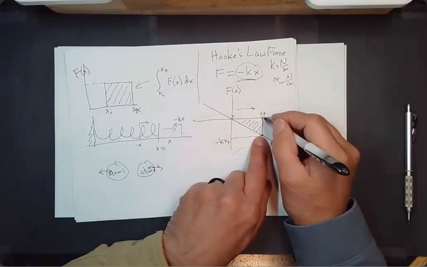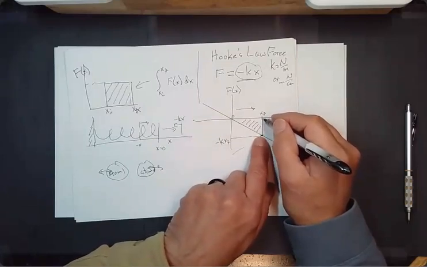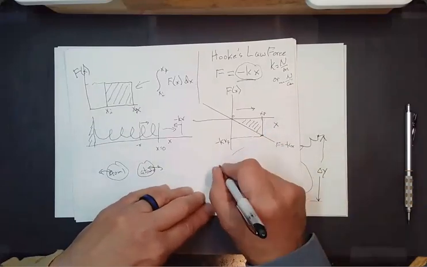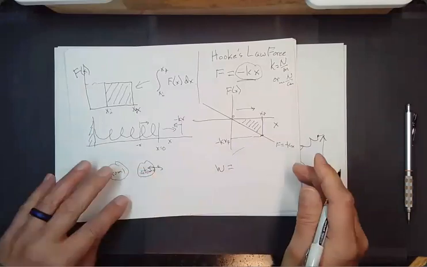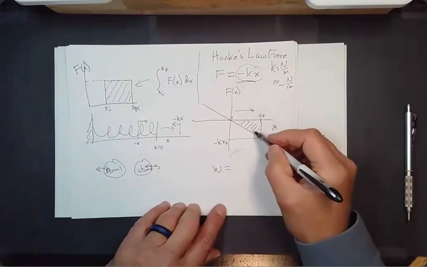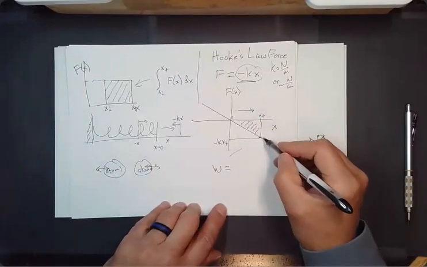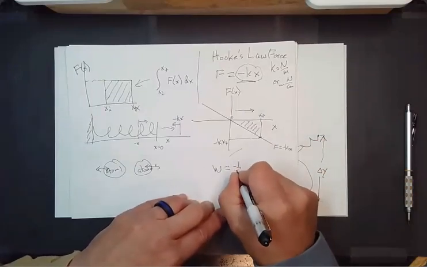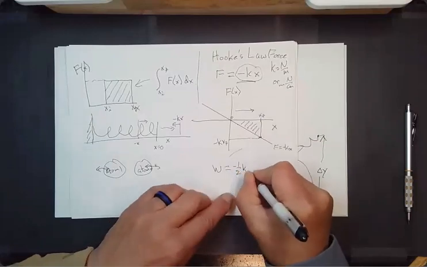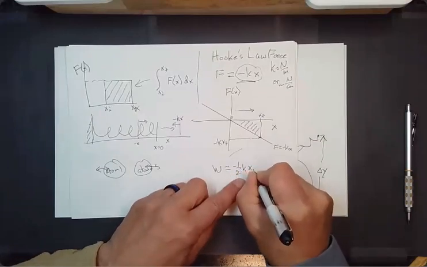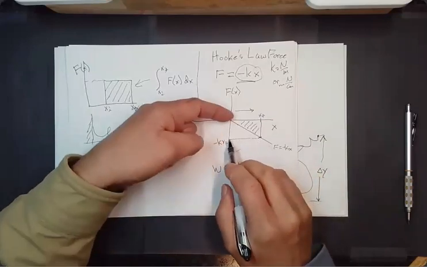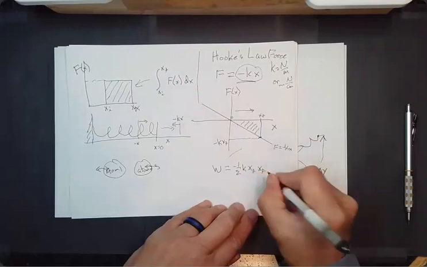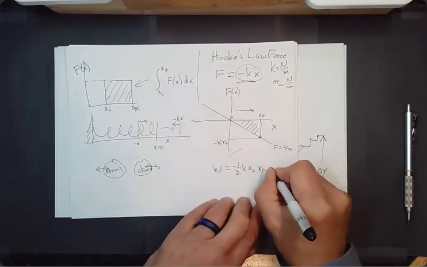The height of the triangle is negative in this case, so it's got a little different meaning, but the work that's done by that spring as you stretch it by this distance x final is minus 1/2 k times x final, the height of the triangle, times x final. Oh, well, that's just minus 1/2 k x final squared.